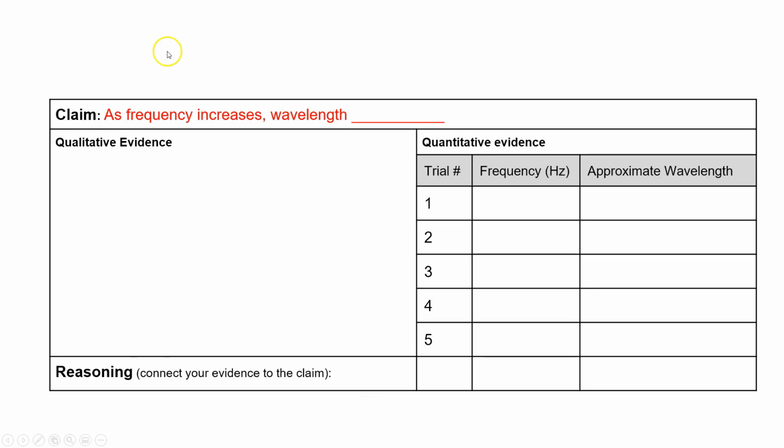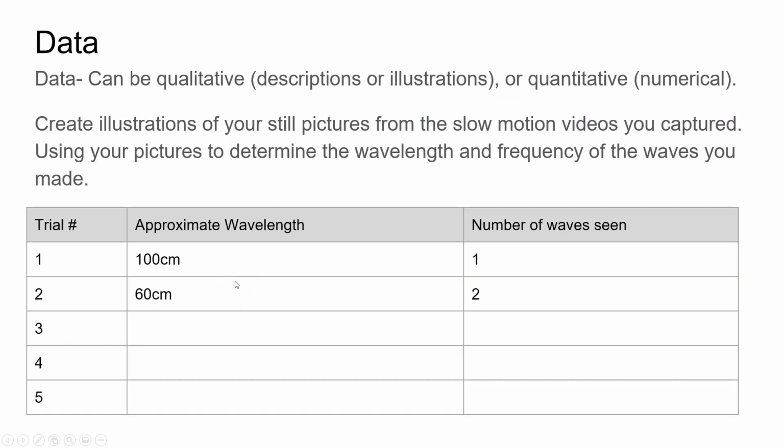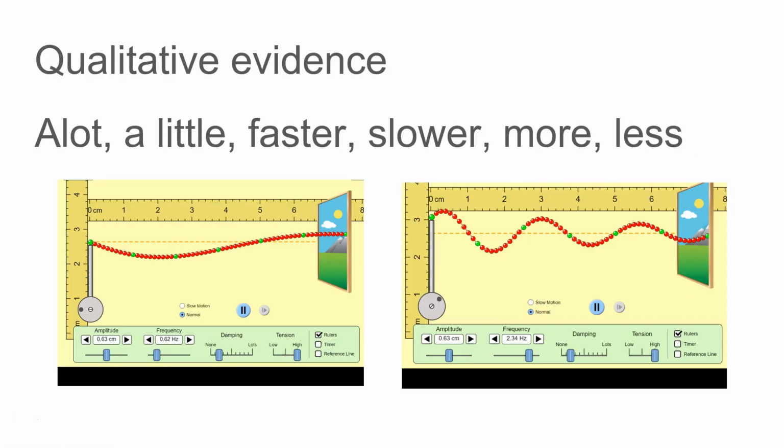What you're going to do is go to the claim evidence reasoning form that's attached, and enter what you think happens to wavelength as frequency increases. Then I'm going to need you to enter some data that is your evidence. You can take pictures or draw pictures into that, and tell me what sort of data you see and describe it.